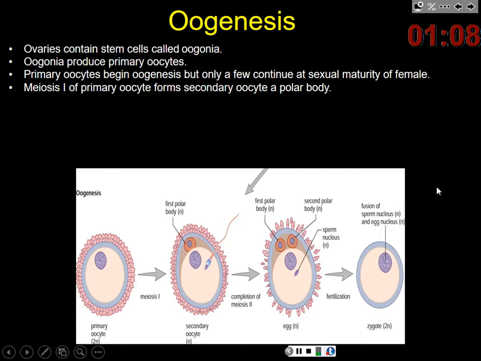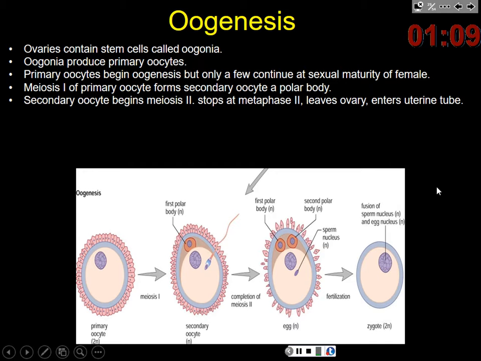You've got half of the chromosomes in here, 23, one from each pair. But this cell didn't get any cytoplasm, so it can't survive. It disintegrates. It dies. It's gone. It's reabsorbed. So the only thing that goes into meiosis II is this secondary oocyte. Notice how the egg is staying big.